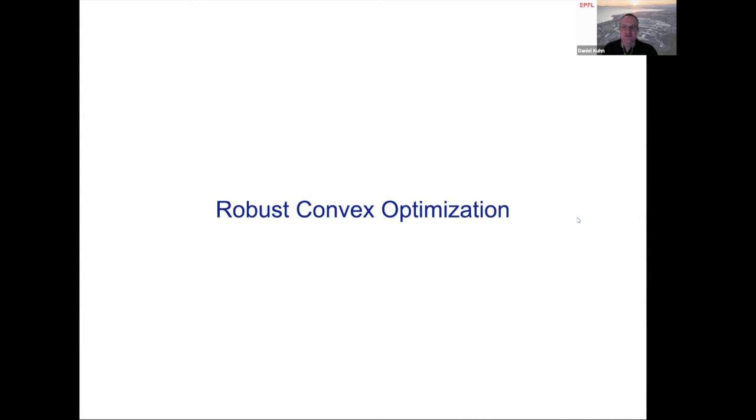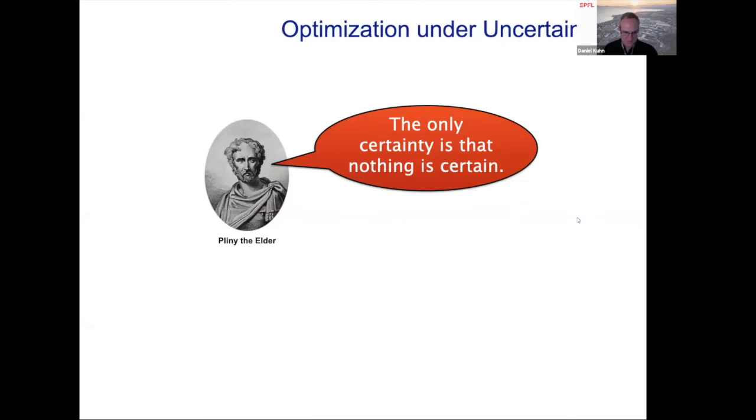Actually, there are good reasons to assume that most optimization problems encountered in practice involve at least some degree of uncertainty. The ubiquity of uncertainty has, for example, already been recognized by the Roman statesman and philosopher Pliny the Elder, who aptly stated that the only certainty is that nothing is certain.